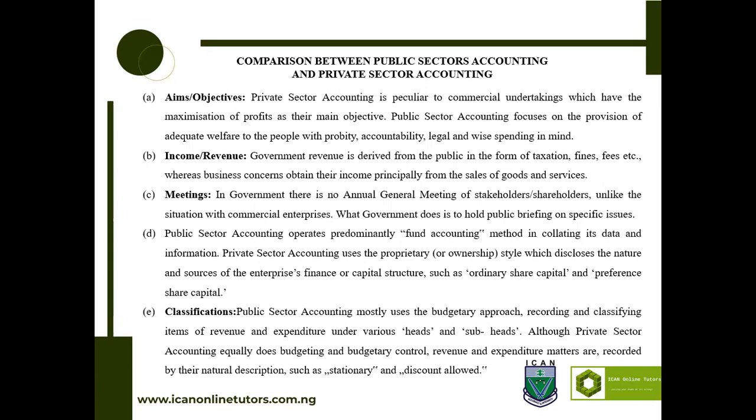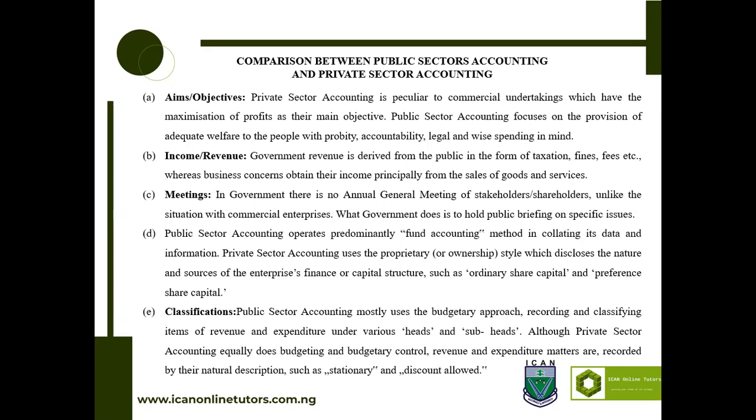On revenue, the main sources of revenue for the public sector are taxation, fines, and fees, whereas business concerns obtain their income principally from the sales of goods and services rendered. That is, governments generate their revenue through tax, fines, and fees.